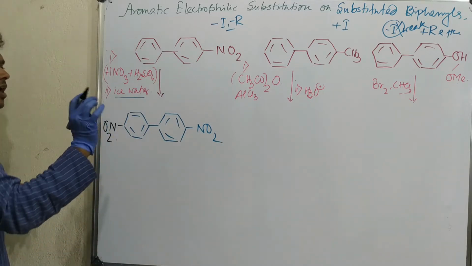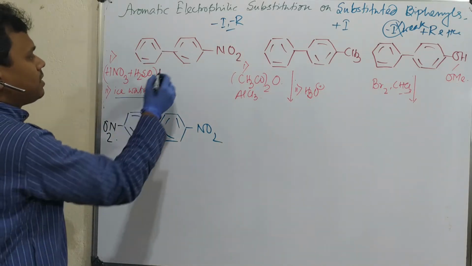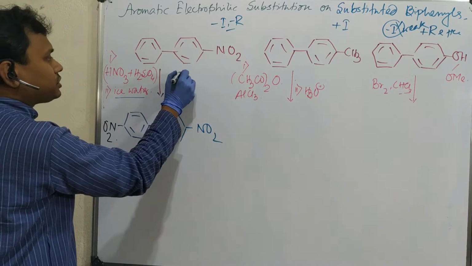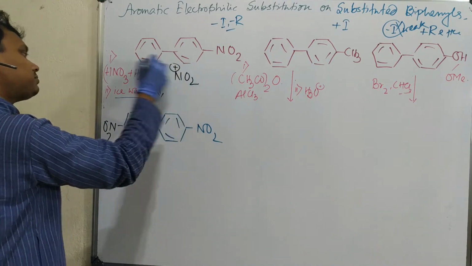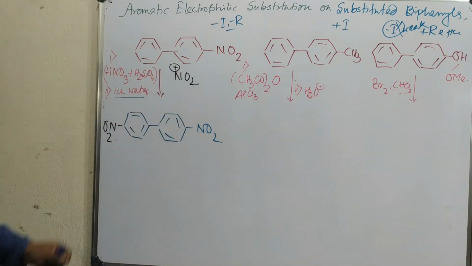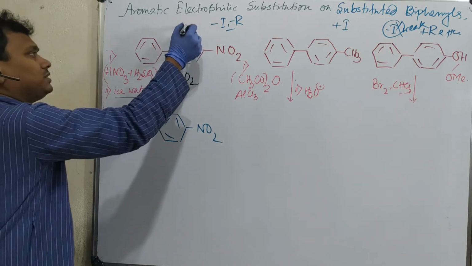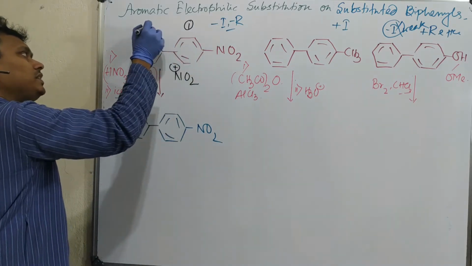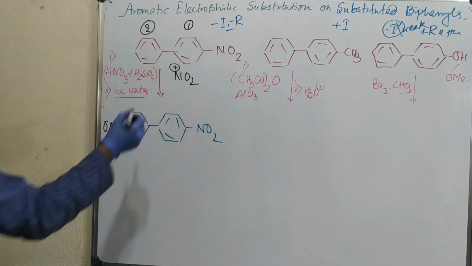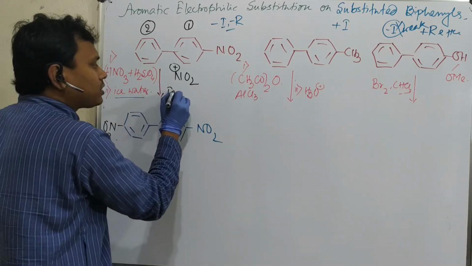Okay, I'll explain why and how. Now see, this is a mixed acid which will give this nitronium plus. Fine. So there are two possible positions, ring number 1 or ring number 2. Where will it go? This ring is actually electron deficient.